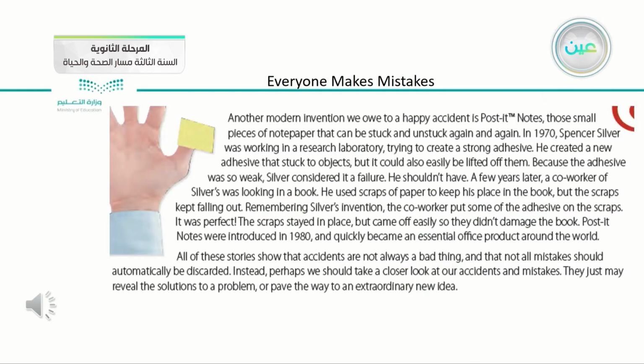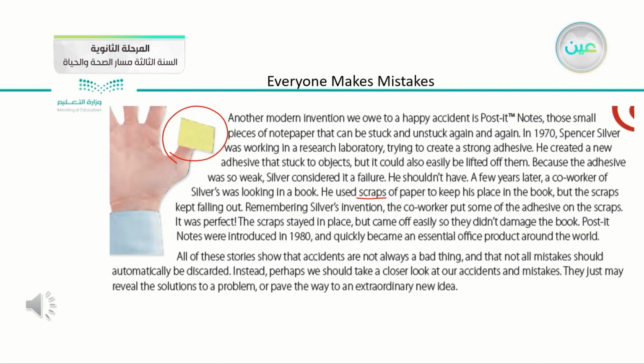After that, we have the last story, which is about post-it notes. As you can see, on the thumb there is a post-it note. What is the idea of the post-it note? It is a scrap of paper. Scrap means a small piece of paper.